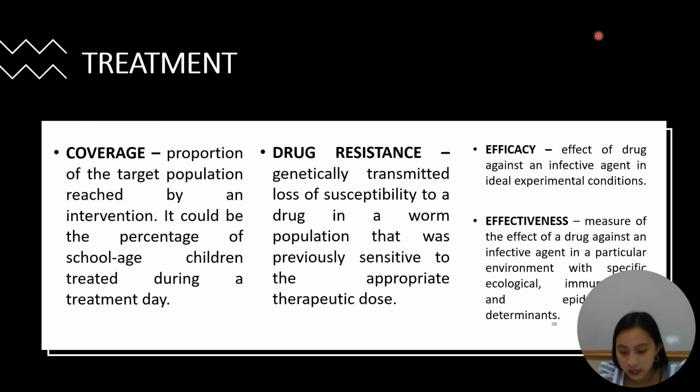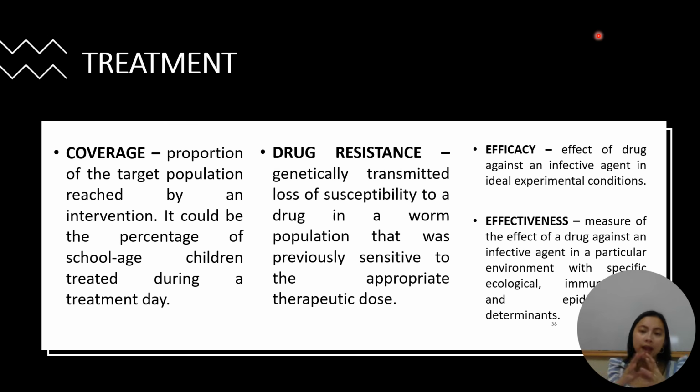Also, class, effectiveness is usually measured by means of qualitative and quantitative diagnostic tests, which detect eggs or larvae in feces or urine of the patient after an optimal time interval, which is variable for each parasite because they don't have the same life cycle, they don't have the same effect on certain drugs.